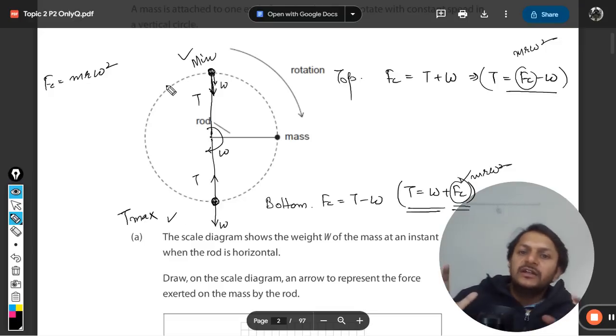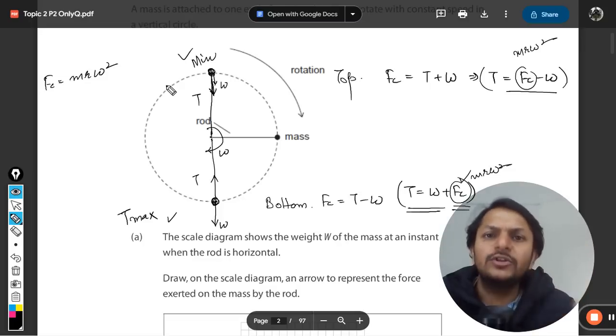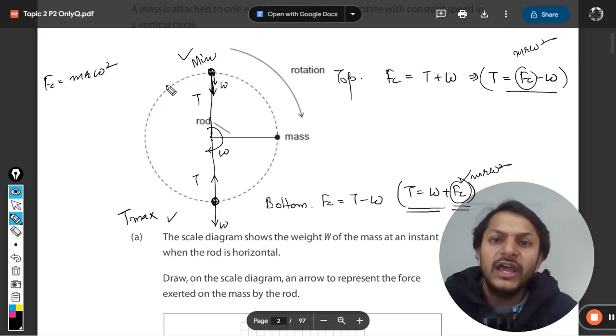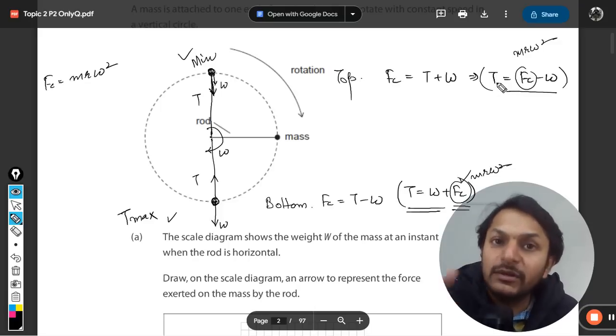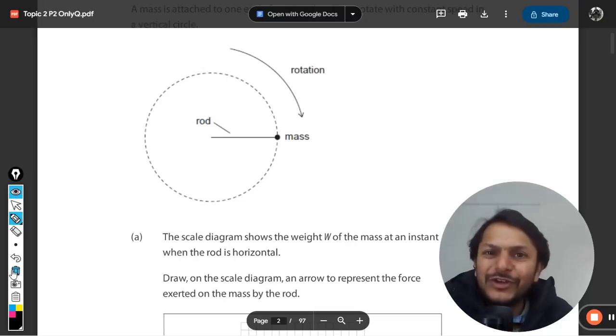Clearly the force which is applied on the body by the rod is not constant, it is variable from a minimum value to the maximum value. The minimum value can be zero, that the tension will be zero, so Fc will be equal to W, and we can say that it will become zero. Even that is possible. Okay, dear students, so this is how we do this question.